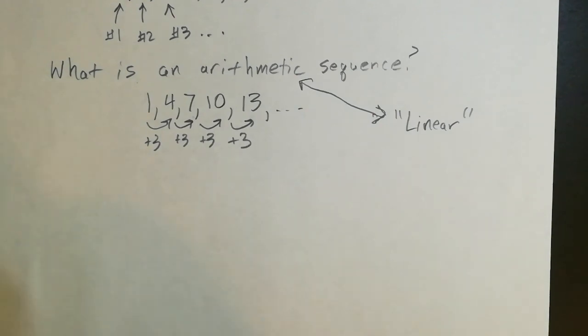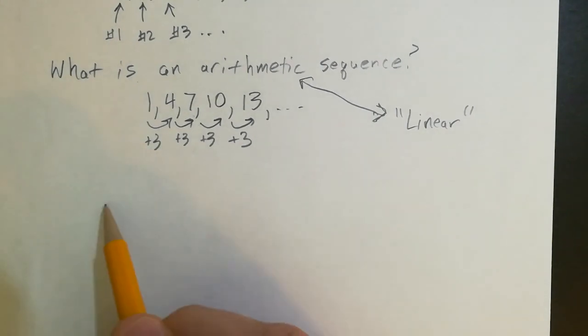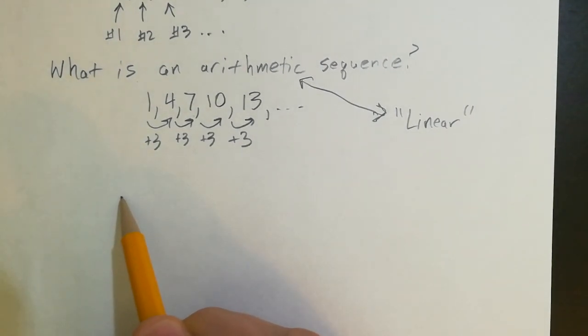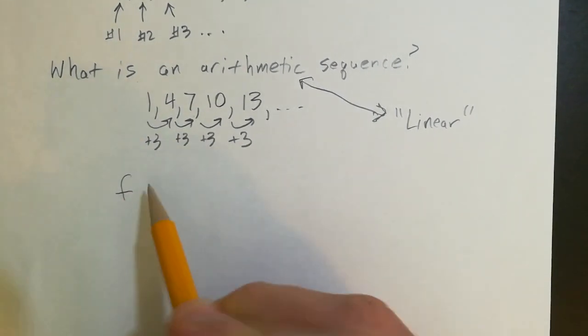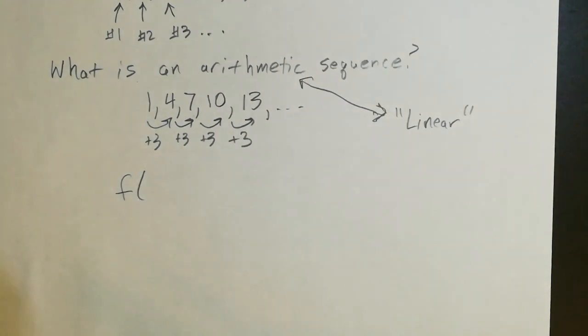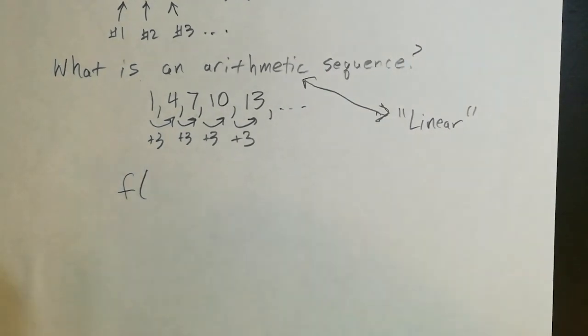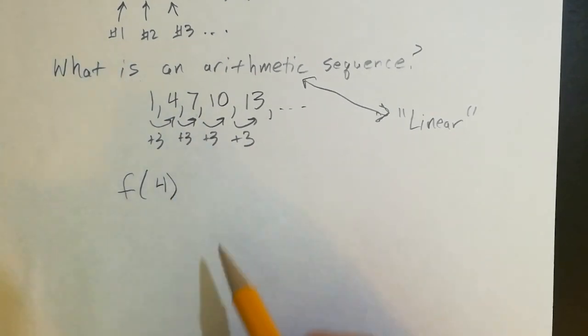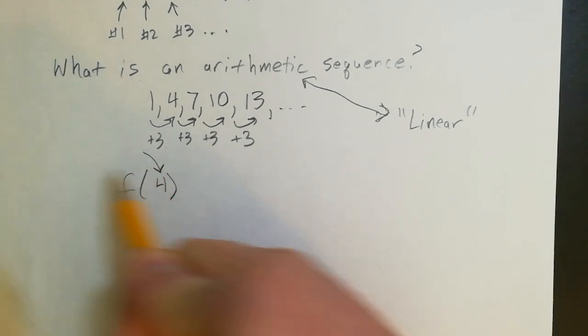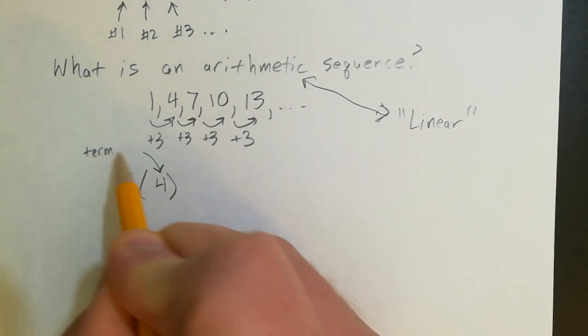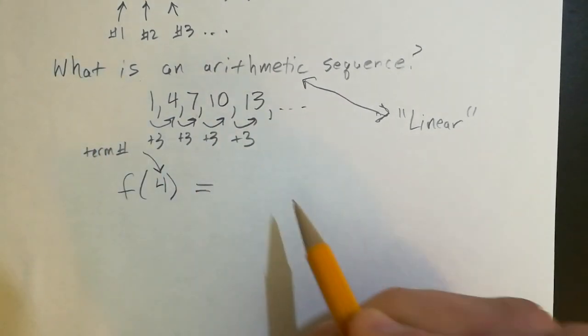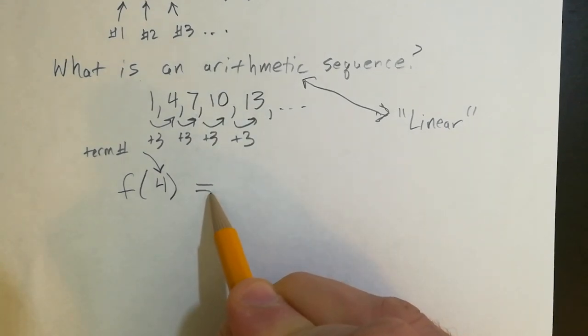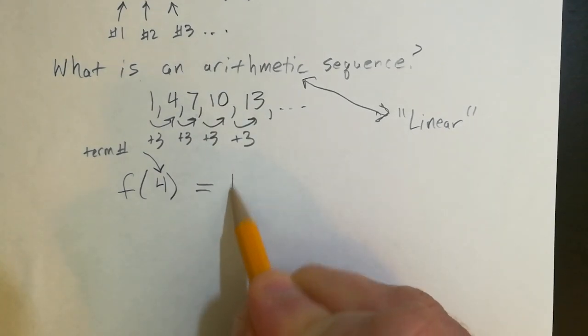It's going to look a little bit different here because what the formula has to do, and I'll just give you some examples. These are going to act like functions. Okay, you put something in, you get something out. You put in, and I'll just do some number here. That's the term number that you put into the function, okay? And what you get out here is going to be the term value.